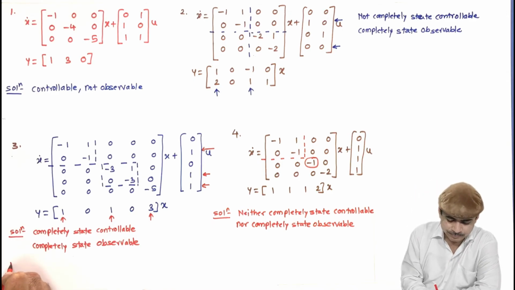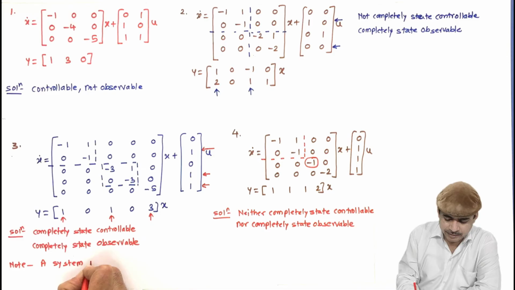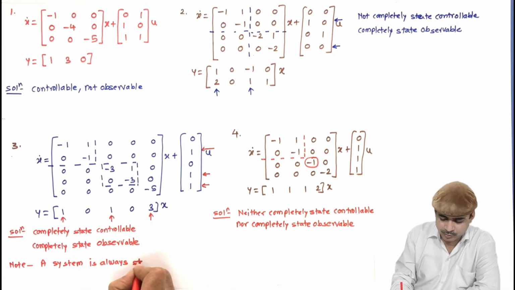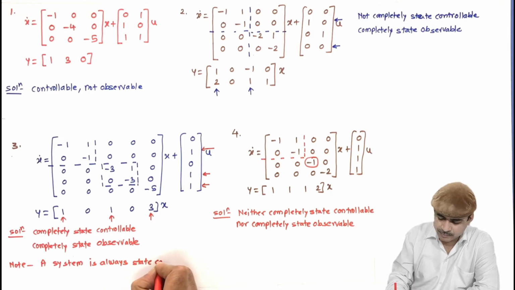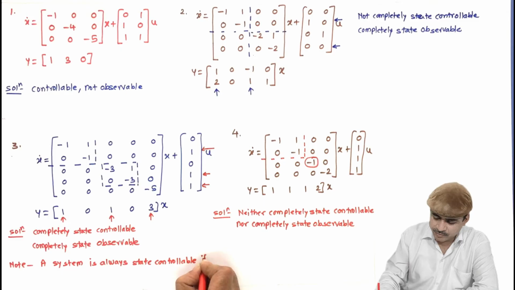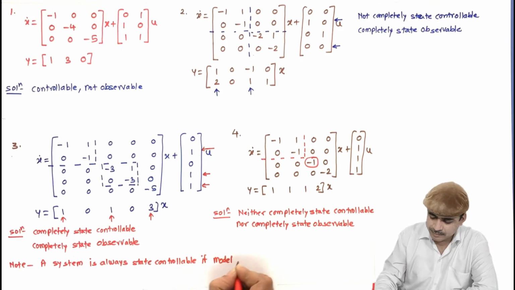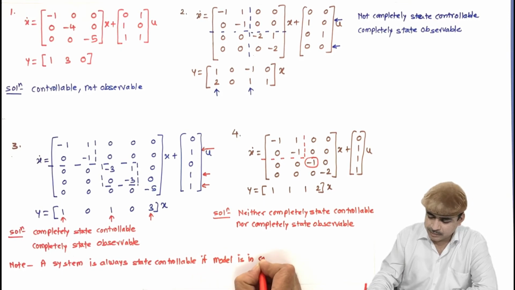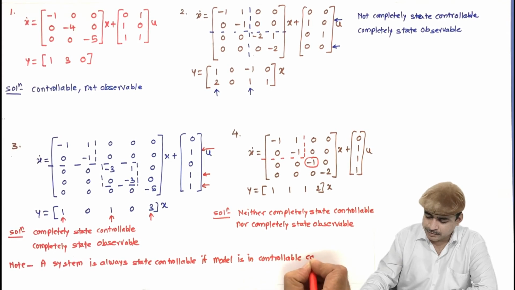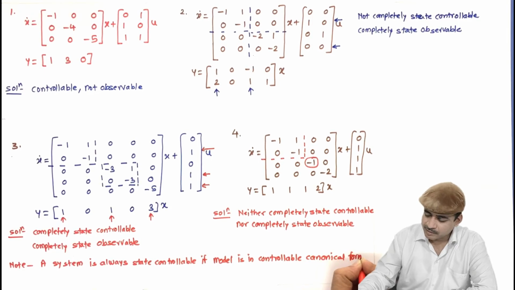The note is that a system is always state controllable if the model is in controllable canonical form.